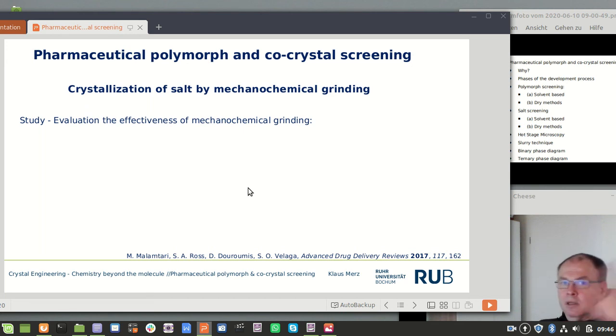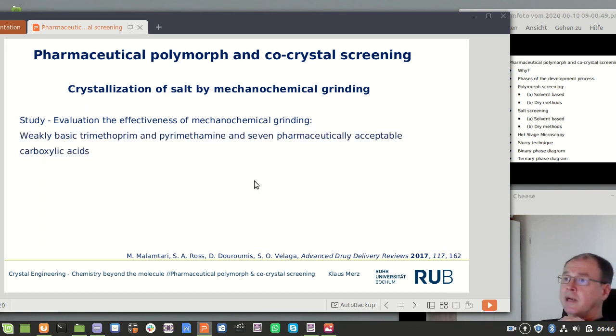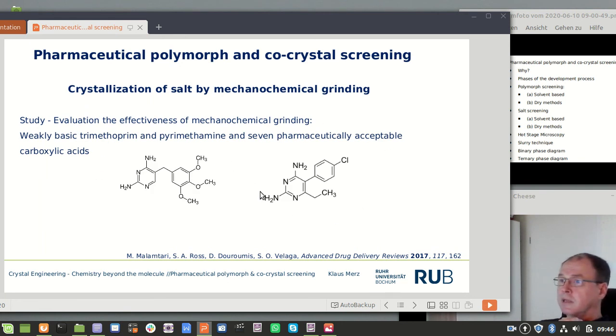And similar to the solvent-based techniques, the question is what is the most effective technique. That's very nicely studied. And here is a study about getting crystals of these two compounds in the presence of 7 different carboxylic acids.